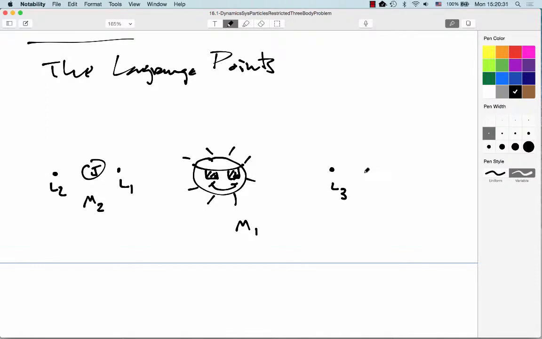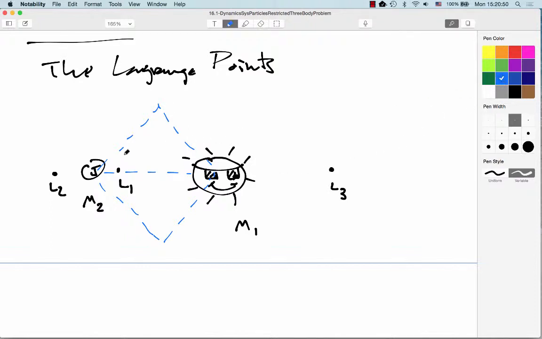These are all in a line. And then if I go and complete an equilateral triangle, both up and down, so all these angles are 60 degrees.